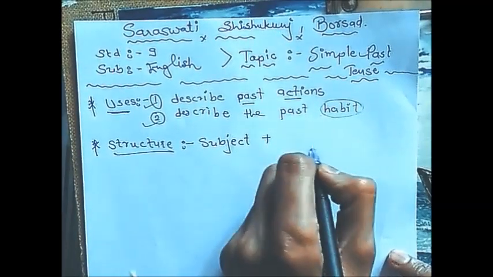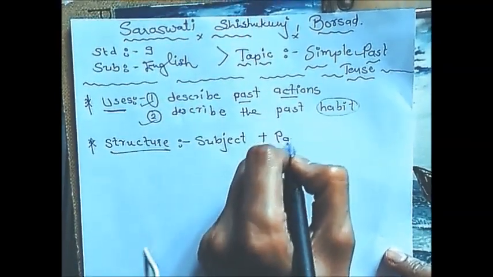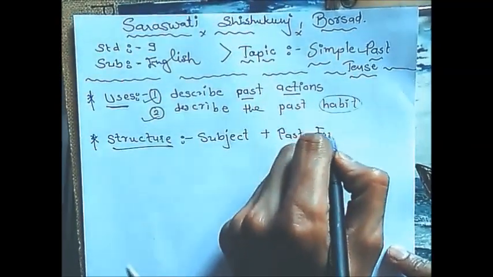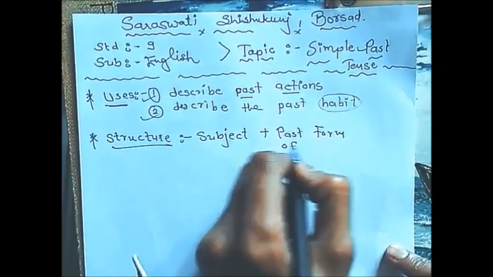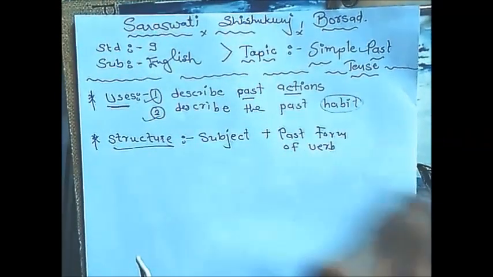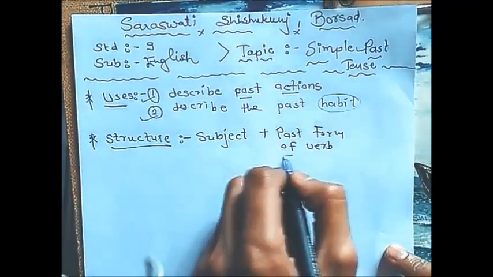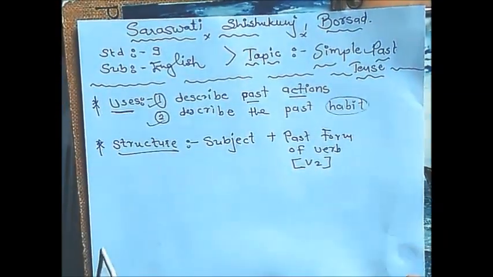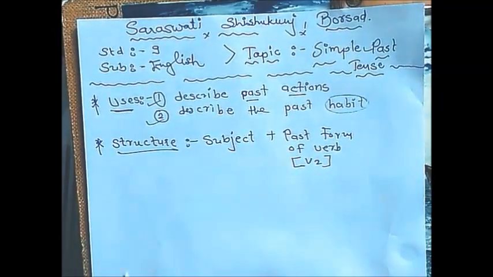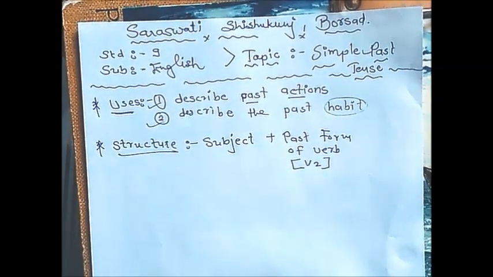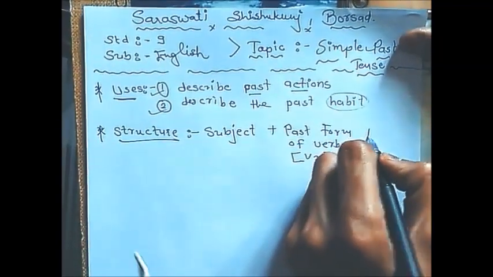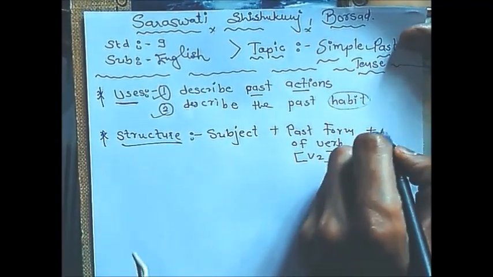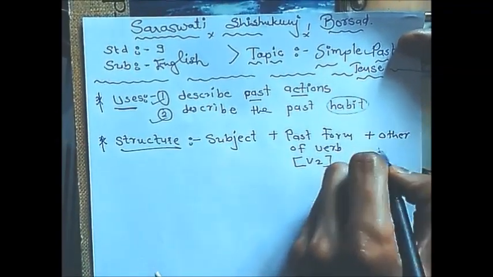Along with the subject you will have to put the past form of the verb, that is V2, verb form 2, or sometimes it is known as the past form of the verb. Along with it there will go other words.